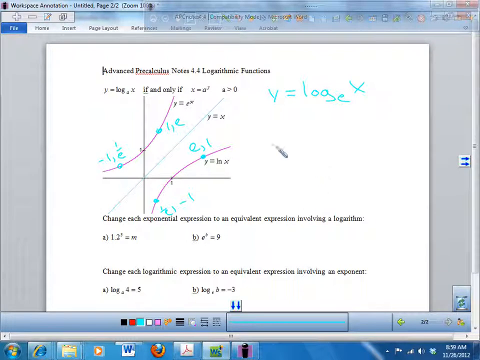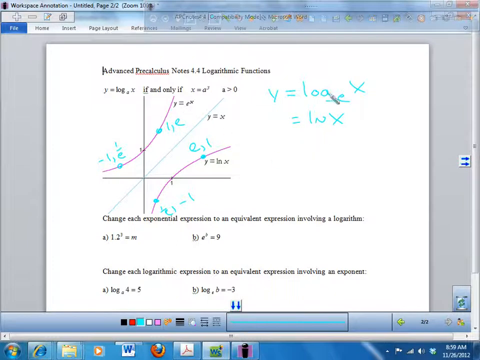Okay? So this means the same as ln of x. The base is e, but by writing ln, it means that you understand that the base is e. If they ask you to rewrite something in exponential form, this is called logarithmic form.